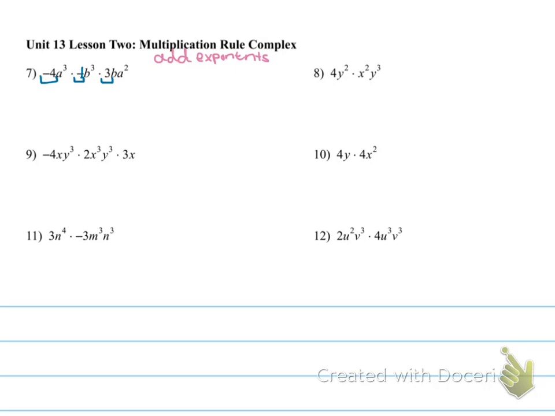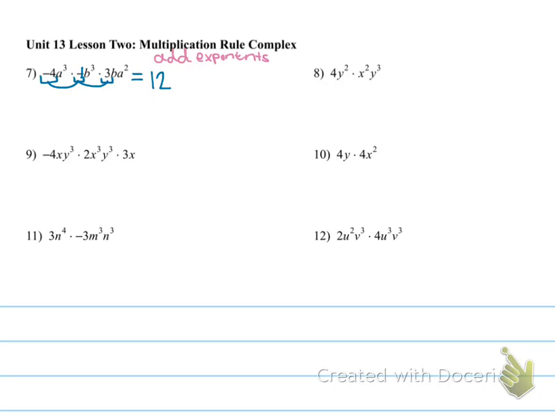So -4 times -1 gives me a +4 times 3, which gives me 12. So we're starting off with 12. Again, if they're big numbers that are not the same, just multiply those numbers together. Then we can dive deeper into the actual exponent ones.